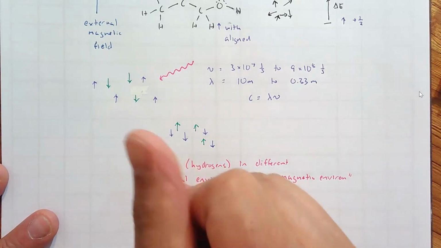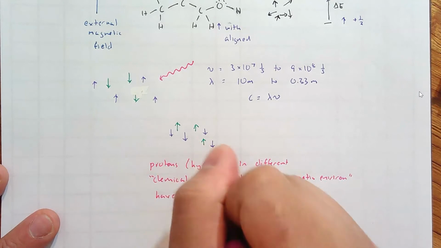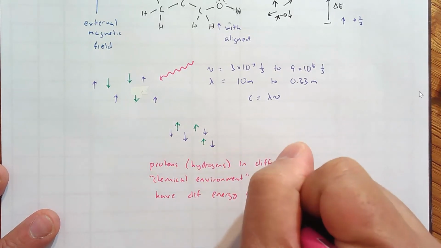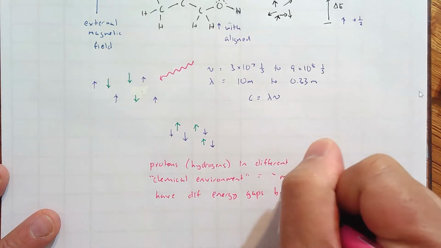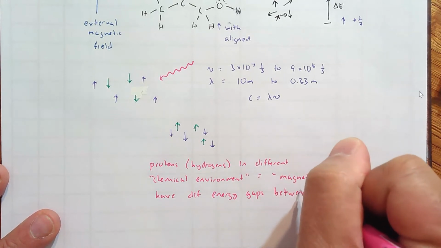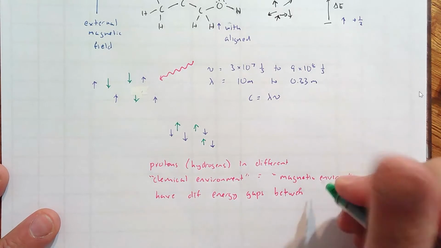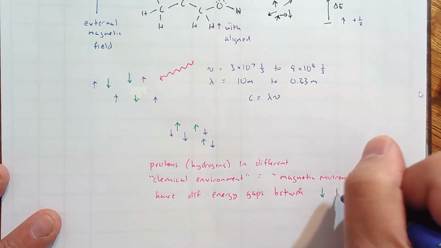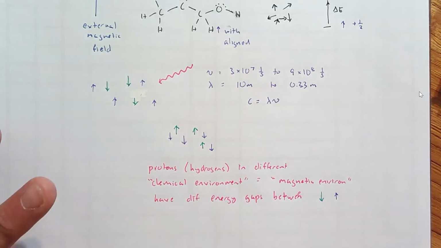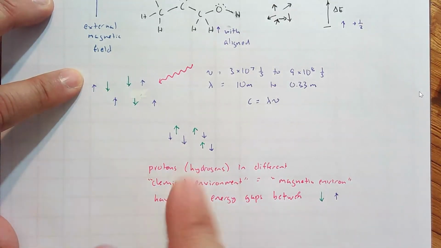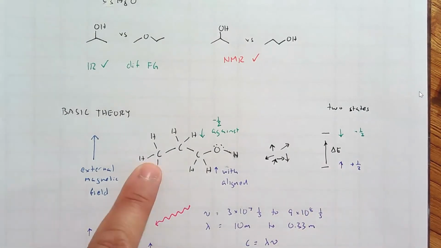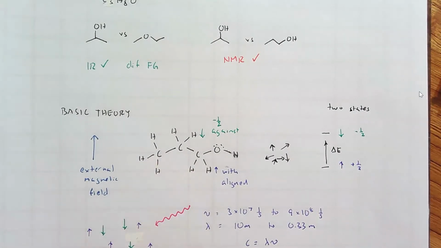They have different energy gaps between spins that are negative 1/2 and spins that are positive 1/2. Those are the only two states when you're in a magnet for the hydrogens. So that energy difference is changed depending on which protons you're analyzing.